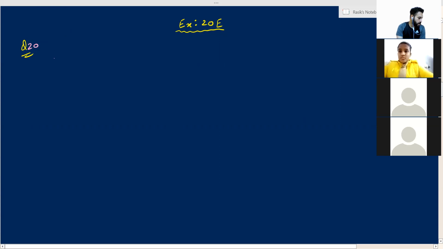A bicycle wheel makes 5,000 revolutions in moving 11 kilometers. So the total distance covered and the number of rotations are given in the question.